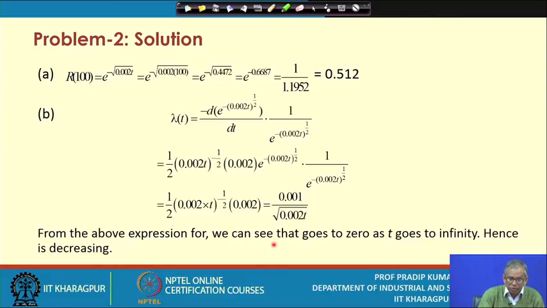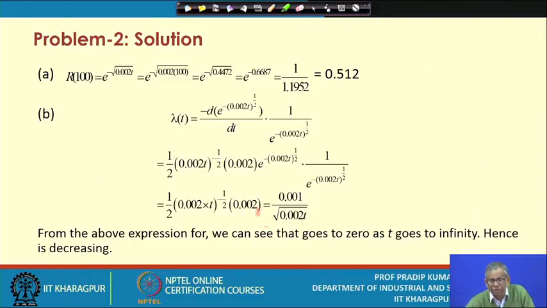So you follow these steps, and definitely I'm sure that you will be able to calculate this value. You just try to get these expressions independently without looking at these steps. From the above expression for lambda t, we can see that it goes to 0 as t goes to infinity, hence it is decreasing.